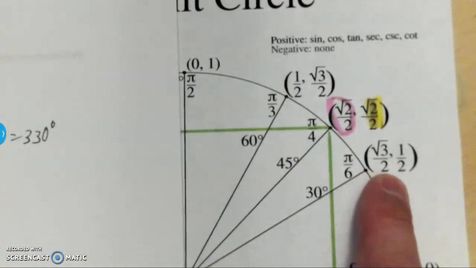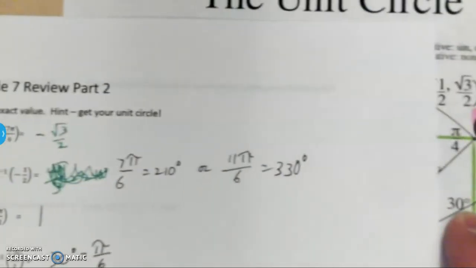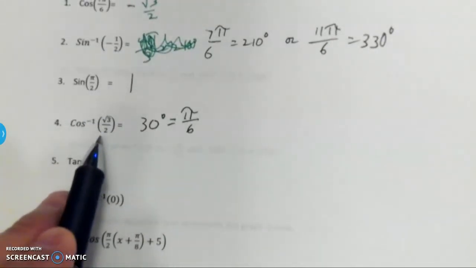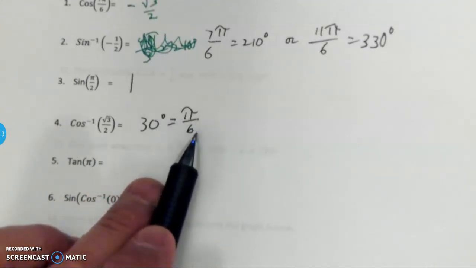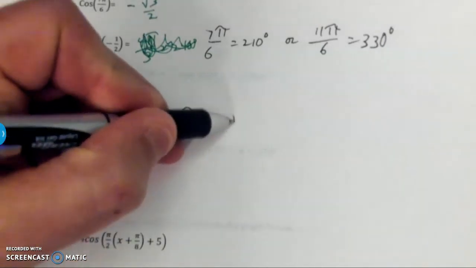There's radical 3 over 2 for the x coordinate right there at 30 degrees. Now 30 degrees is pi over 6 radians. So the inverse cosine of radical 3 over 2 is going to be 30 degrees, or pi over 6 radians.